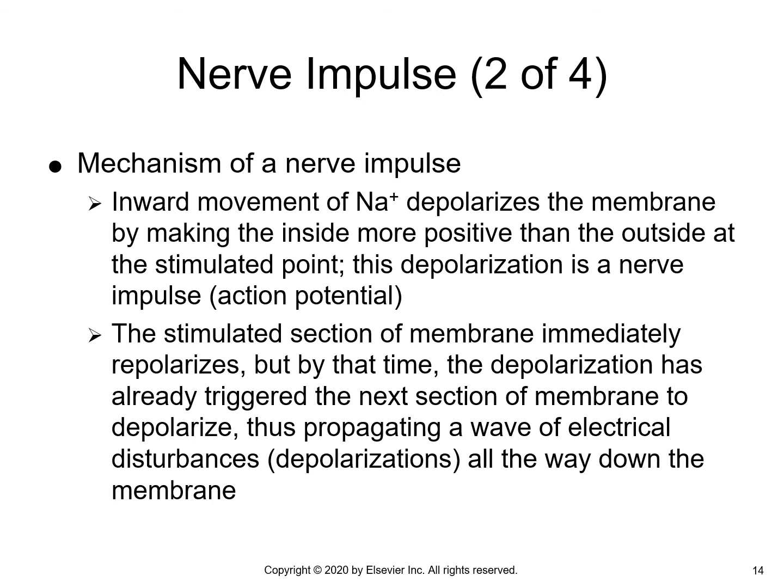So, mechanism of a nerve impulse: the inward movement of sodium ions depolarizes the membrane by making the inside more positive than the outside at the stimulated point. This depolarization is a nerve impulse. That is the action potential, students. Make sure you know this.